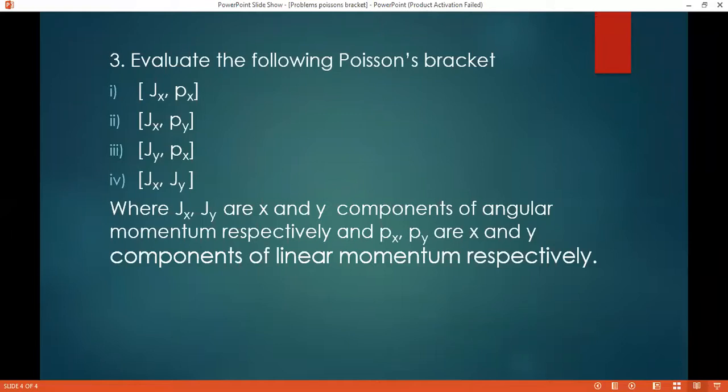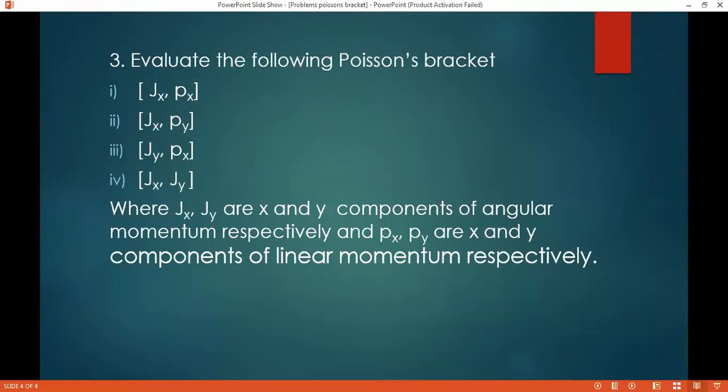The condition is given: jx and jy are nothing but the components of x and y direction of the angular momentum, ते components आपण या ठिकाणी घेतलेले आहेत. So we have that first thing, that is jx and jy, and the second thing is that we have components of x and y in terms of your linear momentum, and that is given as px, py. सगळ्या गोष्टी त्यांनी सांगितलेल्या आहेत.